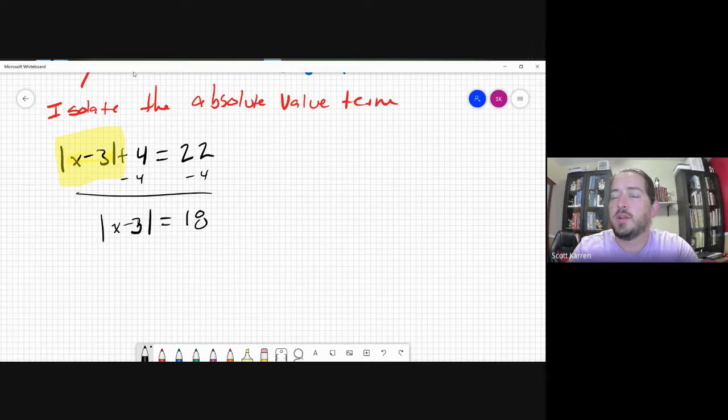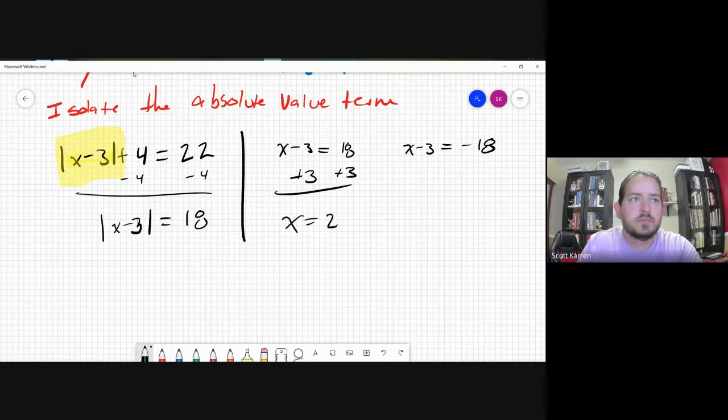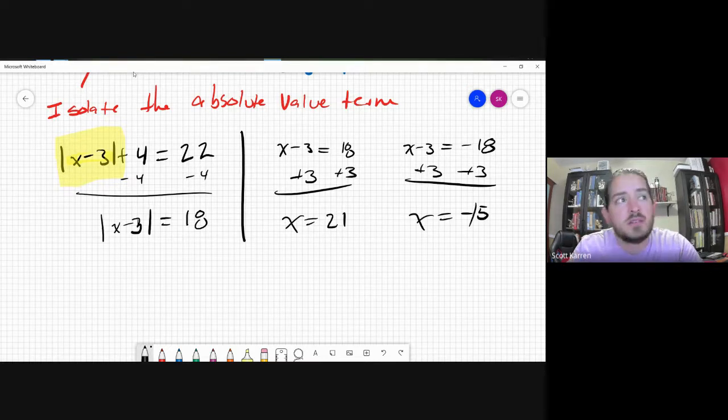And now I can break it into my two equations. That thing that's in the absolute value, x minus 3, is either equal to 18 or it's equal to -18. I don't change the x minus 3. It's just that thing inside the absolute value that is either the positive or the negative of what's on the other side. And then I just solve each one of these. And that's it. You can check those, plug them back in, and make sure that they work, and they should.